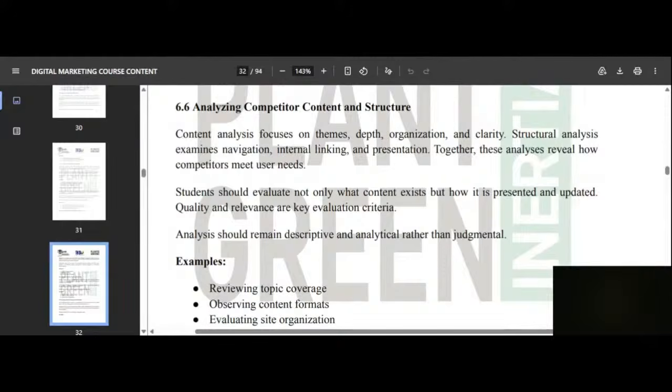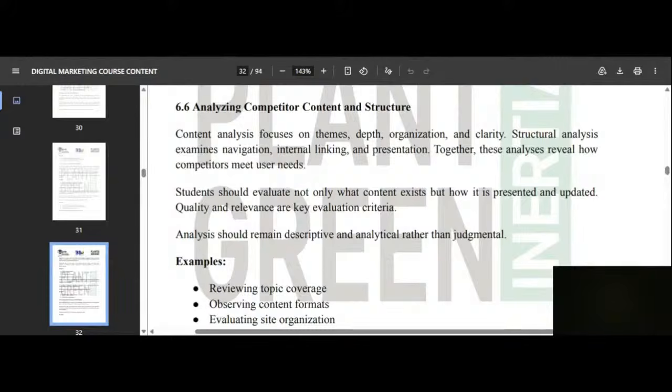Now let us try to understand analyzing competitor content and structure. Content analysis focuses on themes, depth, organization, and clarity. Structural analysis examines the navigation, the internal linking, and the overall presentation.